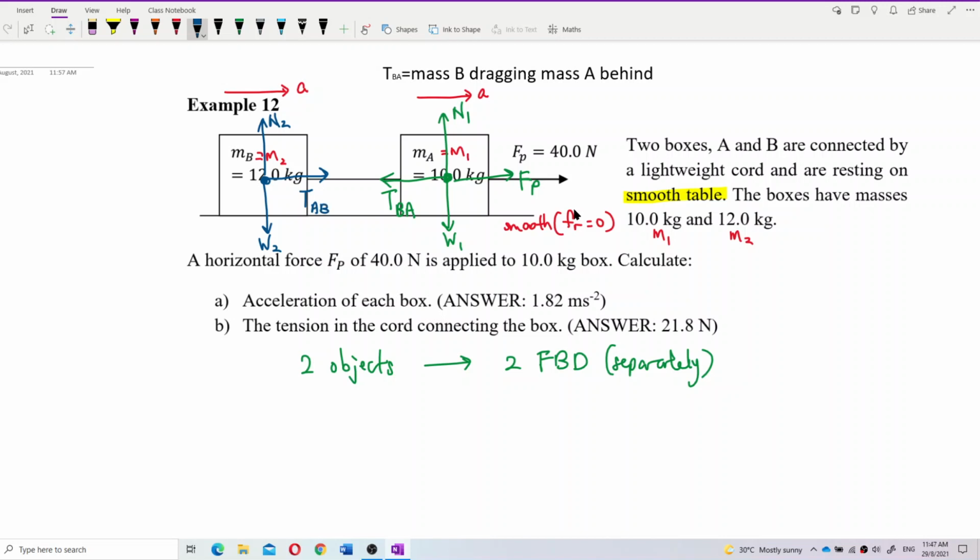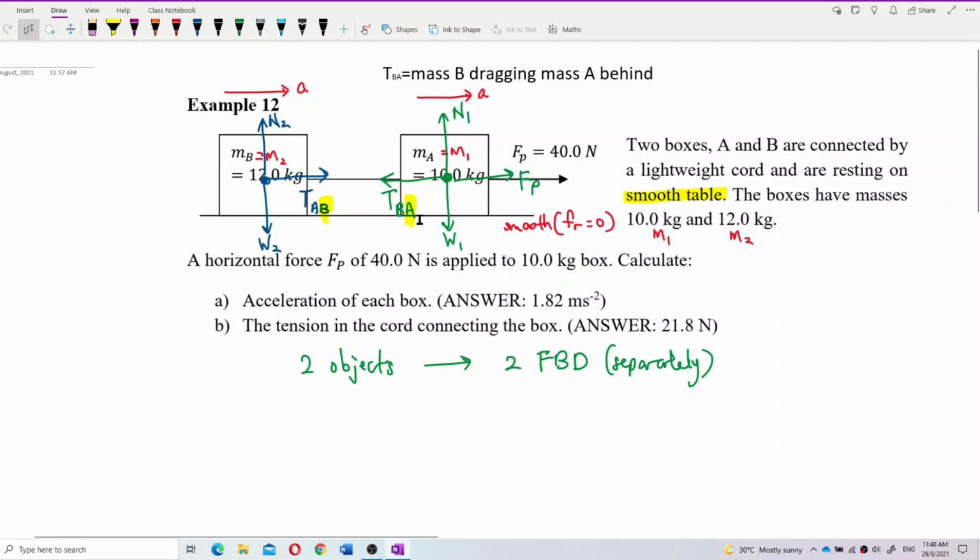That means this one is TA on B. Who experienced the force? B. Always the alphabet behind shows who experienced the force. Like this TAB, the alphabet behind is B, so mass B experienced this force.